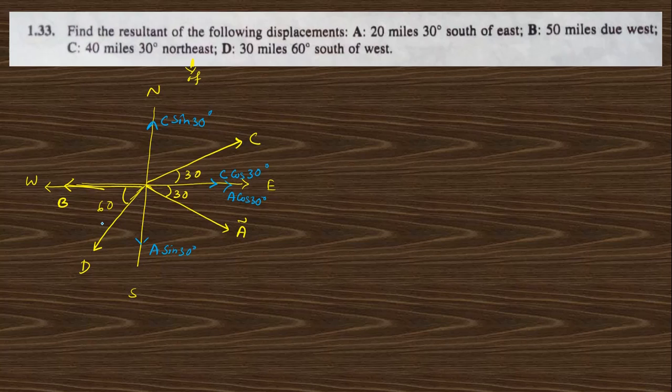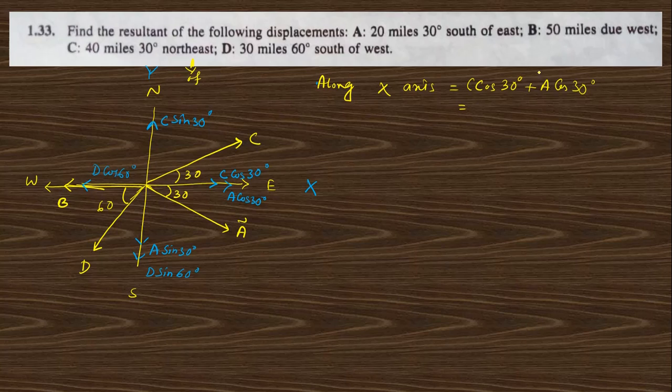D is divided as D cos 60 and D sin 60. So we divided all these along the x-axis and y-axis. This is taken as the x-axis and this as the y-axis. So along the x-axis we get C cos 30 plus A cos 30.